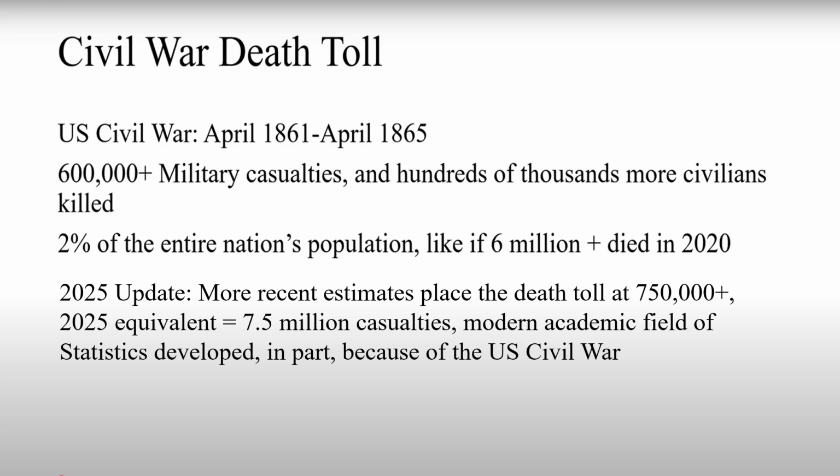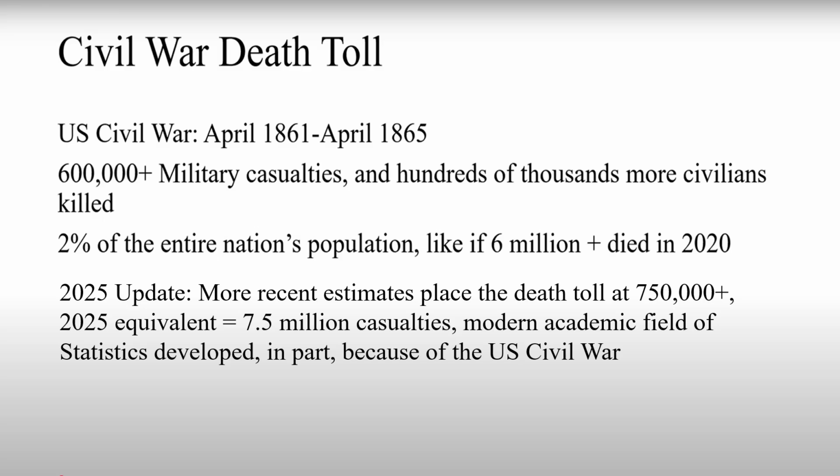Think about it today, or rather, think about it in the 1860s, America had about 30 million residents or citizens and people living here. There are about 330 million people today. This would be like if there were a conflict that took place in America in which 7.5 million people died.